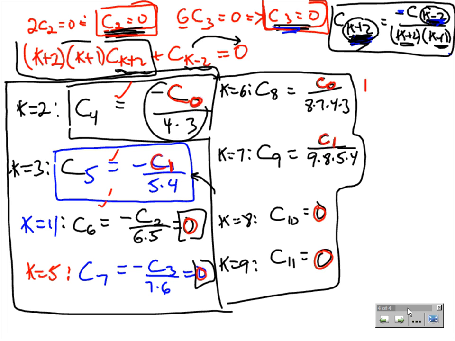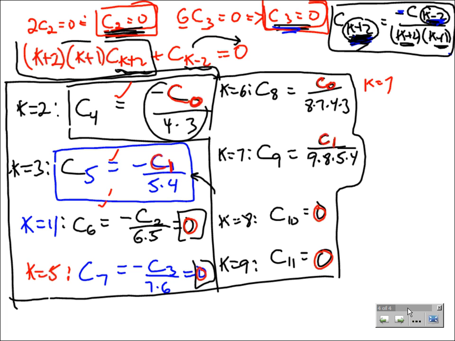Now, let us see what happens when k is 7. I'll do that on the bottom, and then I'll transpose it higher up. When k is 7, you get C sub 7 plus 2 is negative C sub 7 minus 2 over 7 plus 2 times 7 plus 1.